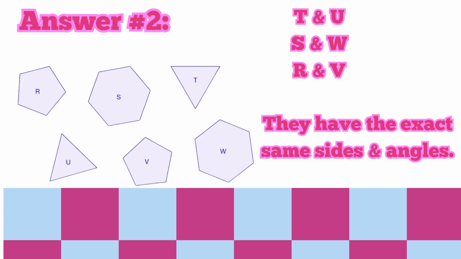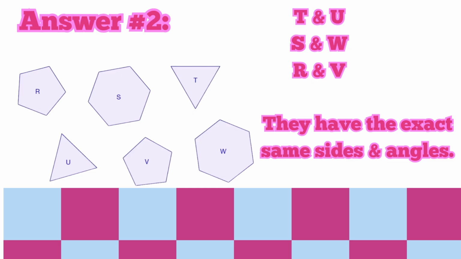From these polygons, the pairs are T and U. They are congruent, meaning they have the exact same sides and angles. The next pair is polygon S and polygon W. Those two shapes have the exact same sides and angles and are therefore congruent.